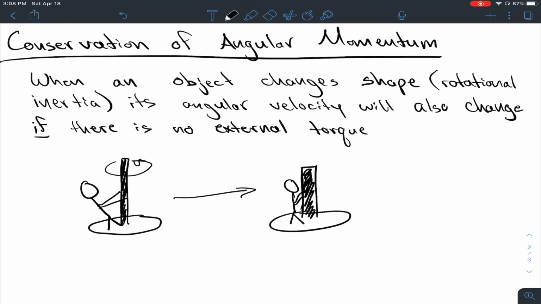So if your rotational inertia is changing shape, then your angular velocity also has to change. In this case, because you're bringing that mass in closer, it's easier to spin faster, you will spin faster.